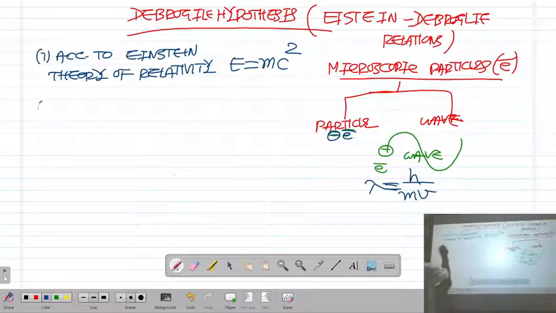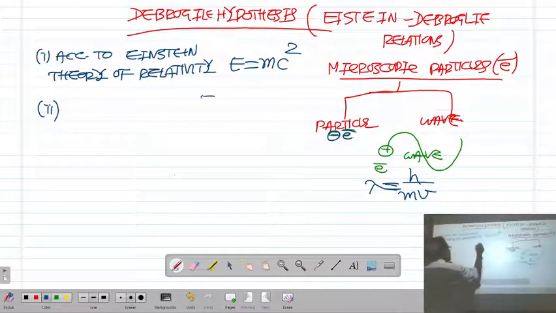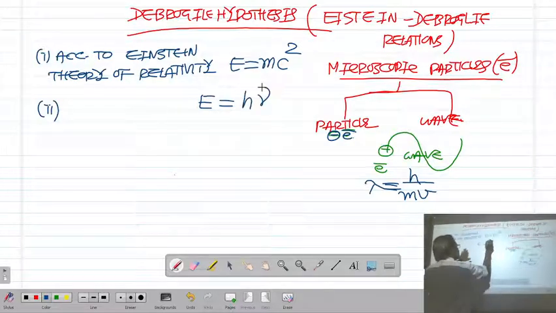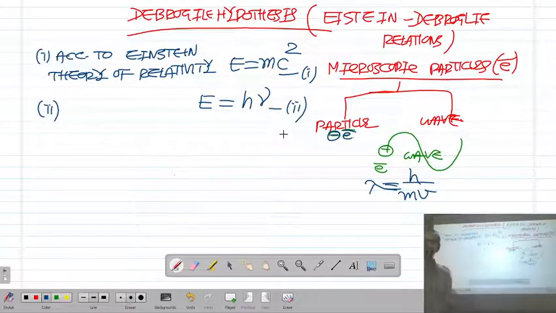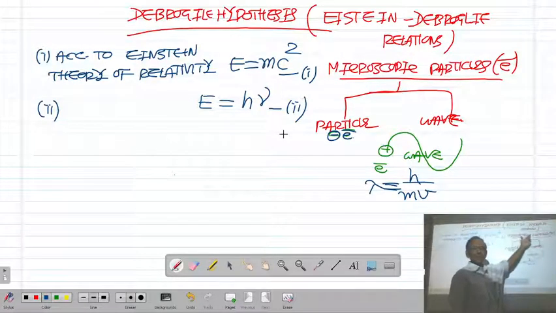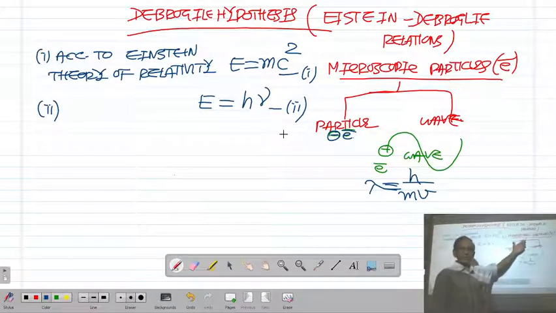The second equation of energy is E is equal to h nu, where h is the Planck constant and nu is the frequency of the wave associated with the electron.